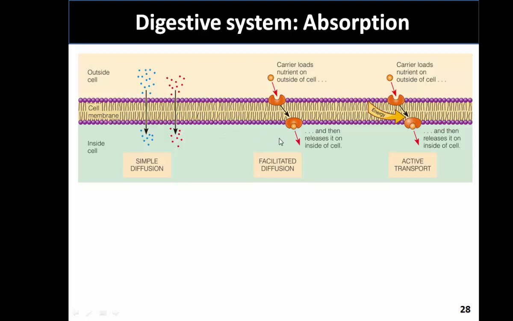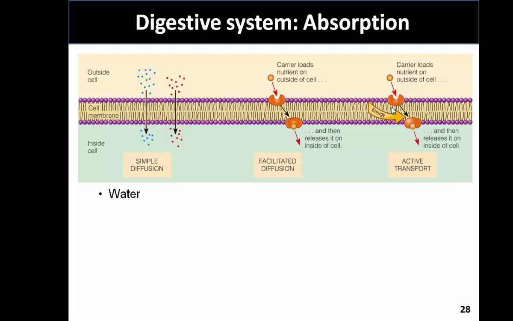We use facilitated diffusion, in which proteins embedded in the wall of the cells will chemically bind nutrients and move those nutrients into the cell. And we use active transport mechanisms, where the cells of the small intestine will actually consume energy and engage in metabolism in order to absorb certain nutrients.